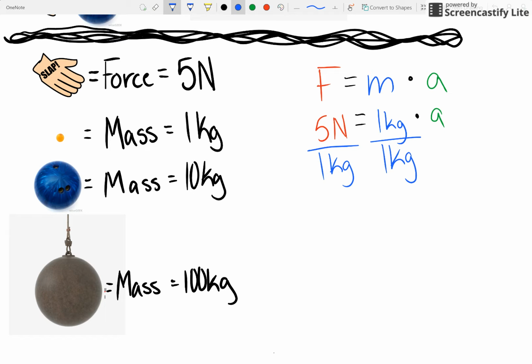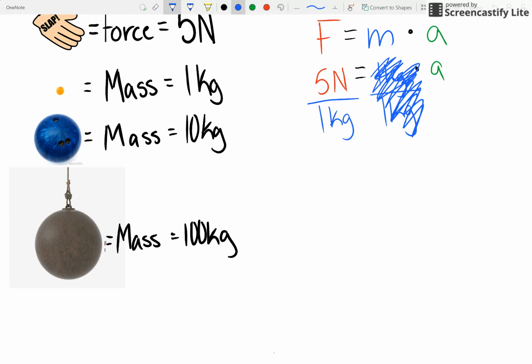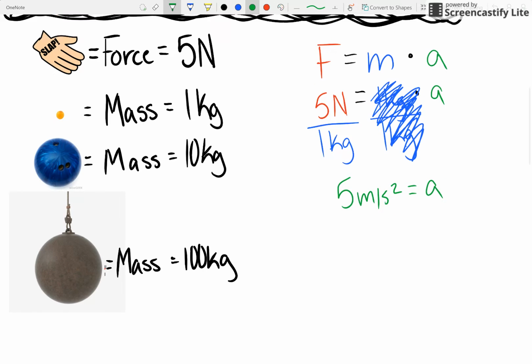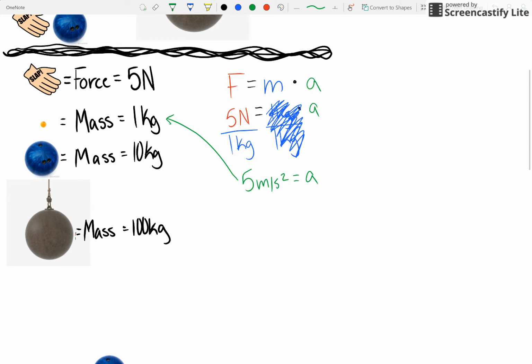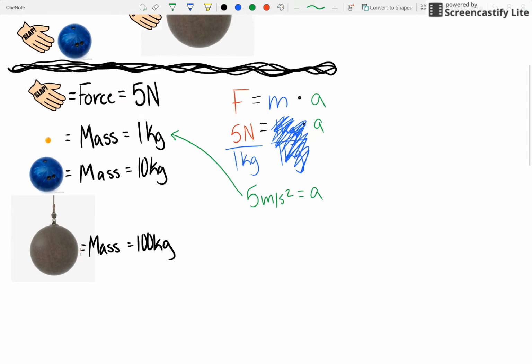Well, it happens to be that 1 kilogram over 1 kilogram cancels out. So now I have that a by itself. 5 divided by 1 is going to be 5. So 5 meters per second squared is my acceleration. So the acceleration of the ping pong ball was 5 meters per second squared.